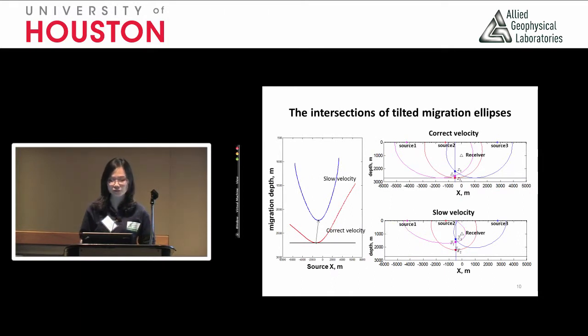Using each intersection point, we can form a move out in the offset domain. Conventionally, people use residual move out analysis in the offset domain, but here we separate it into two different steps.